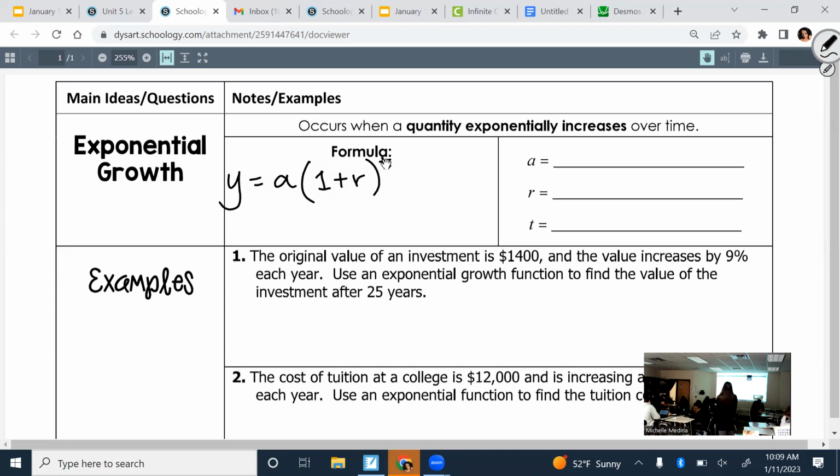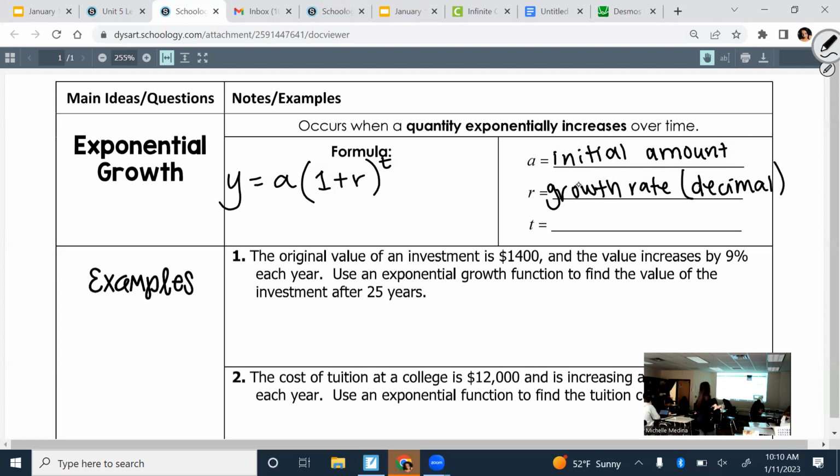A would be your starting amount or initial amount, just like how it was in our lesson today. It was something times something with an exponent. R would be my growth rate, but it has to be written as a decimal, so make a note of that.